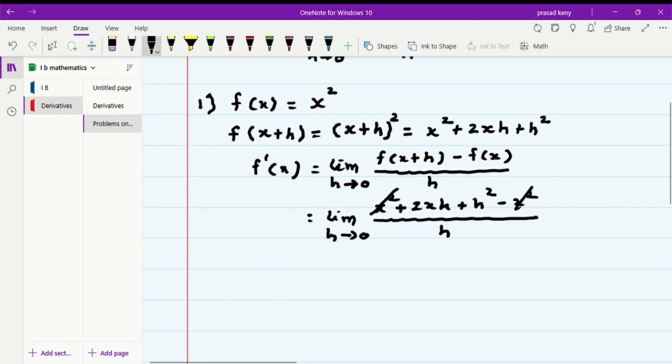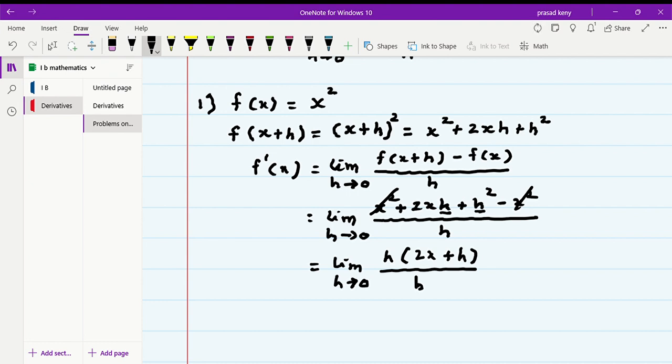Now from 2xh and h square, I can take h common. So that will be limit as h tends to 0, I am taking here h common, so that will be (2x plus h) upon h. So from 2xh, h will come common, so 2x will remain, and from h square, h I am taking common, so h will remain.